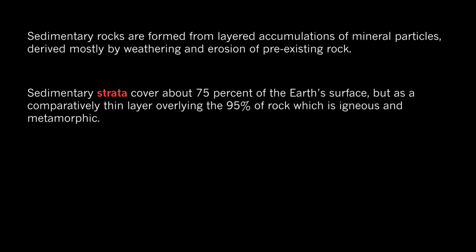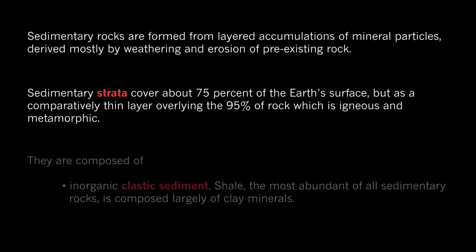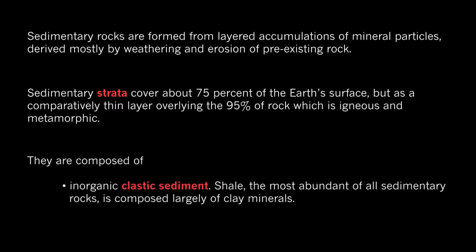So actually, only about 5% of the rock in the crust is sedimentary. 95% is the other two types, igneous and metamorphic. But, of course, at the Earth's surface, where we study geography, we encounter mostly sedimentary rock. That's comprised of three types of sediment: the inorganic clastic sediment, mineral sediment.